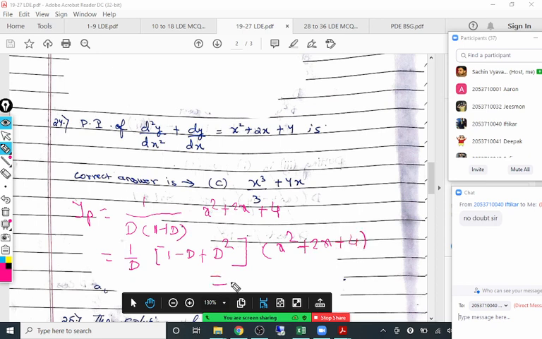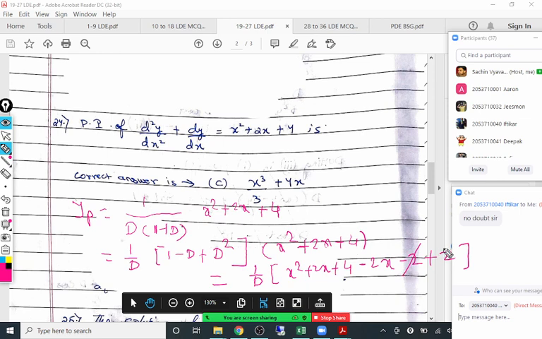And now 1 by D is kept as it is, and inside it is x square plus 2x plus 4. We multiply this bracket by 1 minus the derivative of the bracket. The derivative of the bracket is 2x plus 2, and plus the second derivative of the bracket, which is 2.